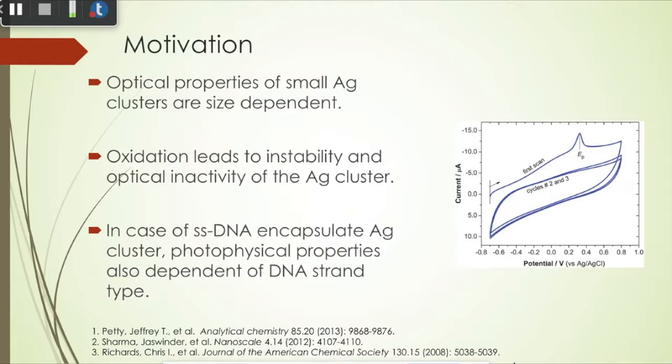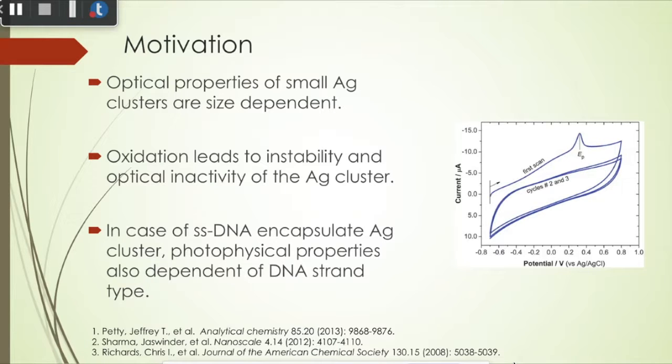Another thing is that before synthesizing, it's important to know the oxidation properties, because the oxidation state is very important for determining the photophysical properties of the cluster. One result shows that in the experiment, they didn't report the size of the silver cluster, but they show a cyclic voltammetry graph. In the forward bias it shows an oxidation peak potential, but in the reverse bias it didn't show any potential.